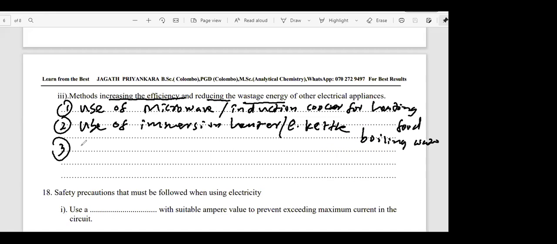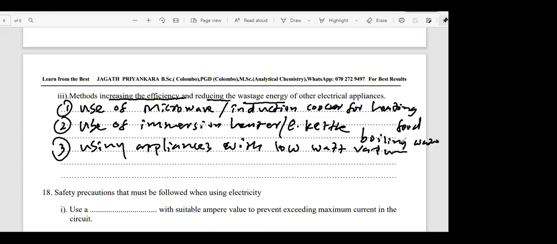Using appliances with low watt value, low wattage, low power consumption. Then energy consumption is less. So either a 20 watt LED or a 100 watt filament bulb.